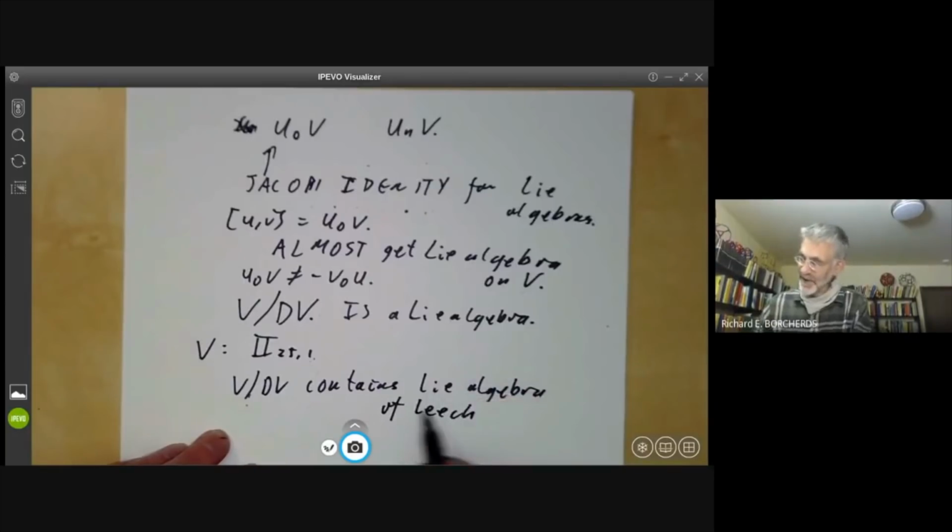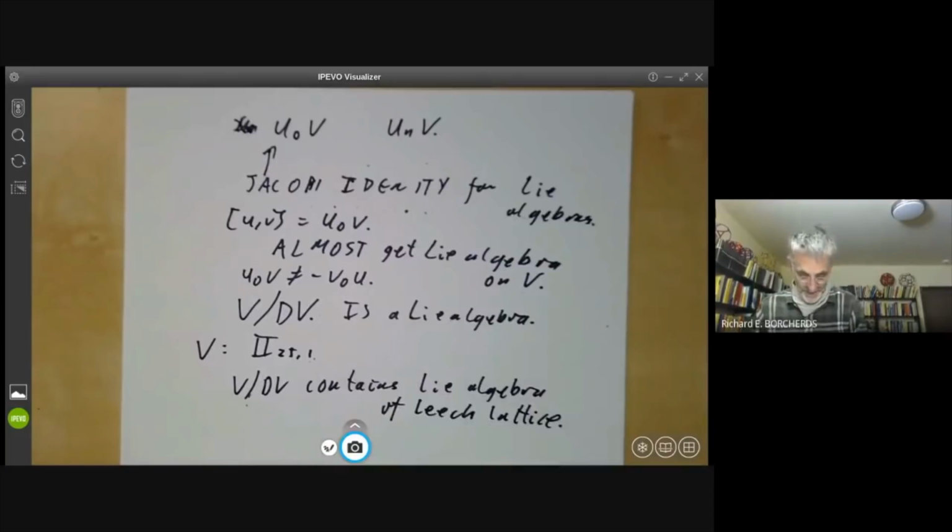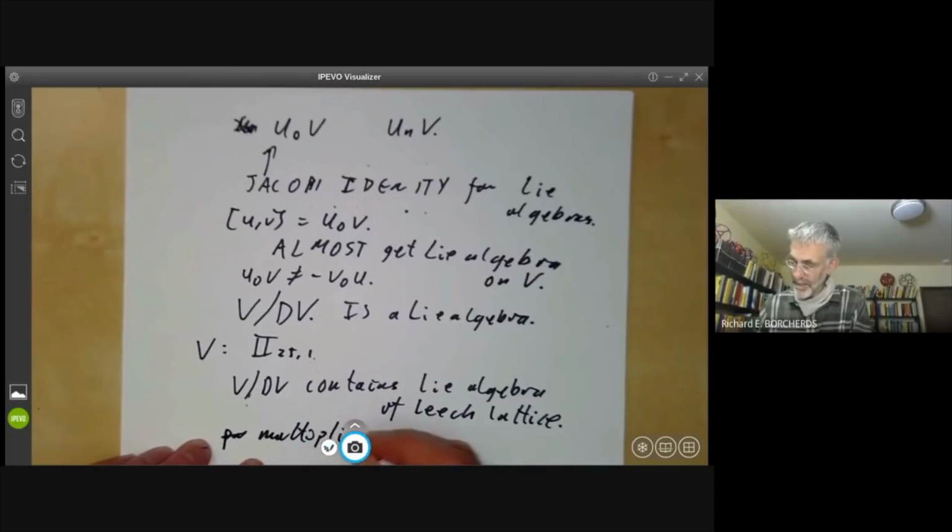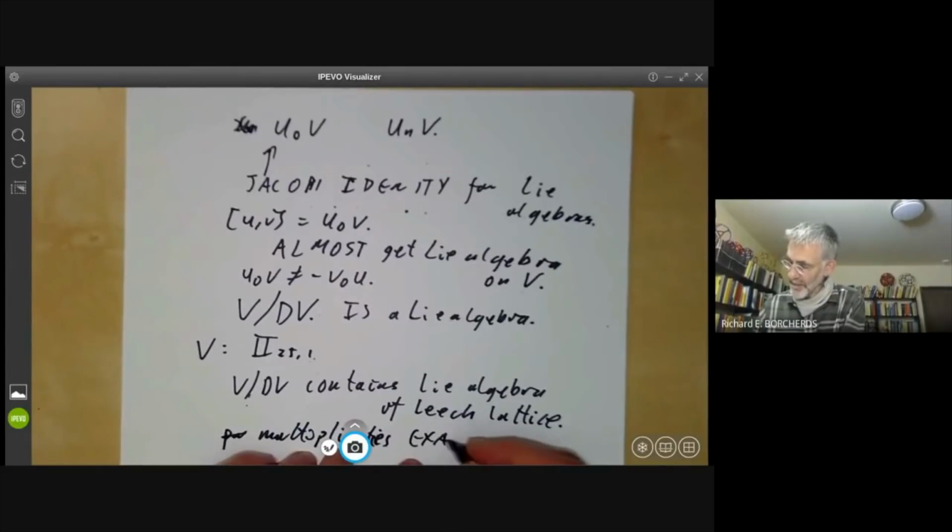In other words, the Lie algebra whose Dynkin diagram is the Leech lattice that I started off with. Furthermore, we find that it contains as a natural subalgebra a Lie algebra whose multiplicities are exactly P24 of 1 minus R squared over 2.